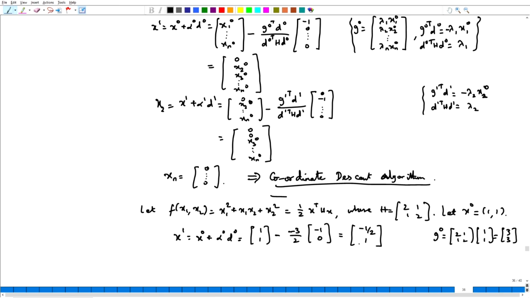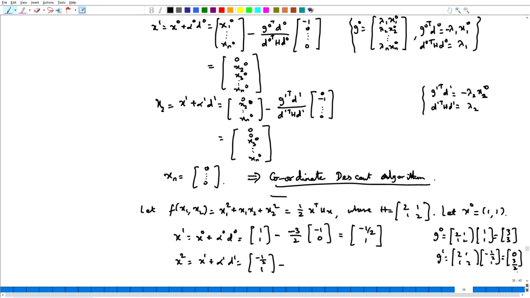Okay. So, x1 is minus 1 by 2 comma 1, and let us see what happens to x2, that is x1 plus alpha 1 d 1. So, you have minus half, 1 minus. So, yeah, now we will have g1 is [2 1; 1 2] into (minus 1 by 2, 1), which is minus 1 plus 1 is 0, and minus half plus 2 is 3 by 2. Okay.